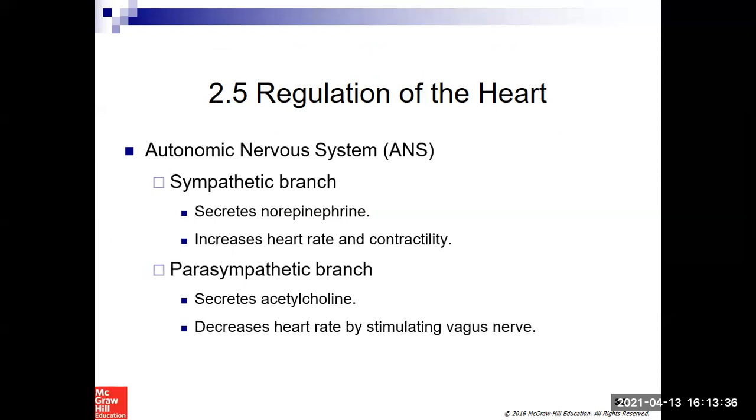All right, so we have parasympathetic, the part of the ANS that helps slow the heart rate, as well as sympathetic, which is the part of the ANS that causes an increase in the heart rate. Increase and decrease, okay? Increase is sympathetic.